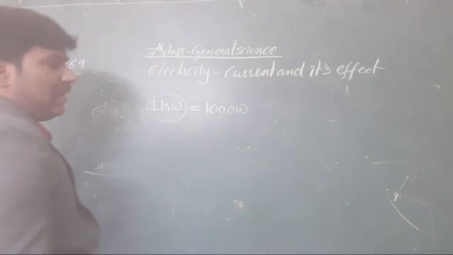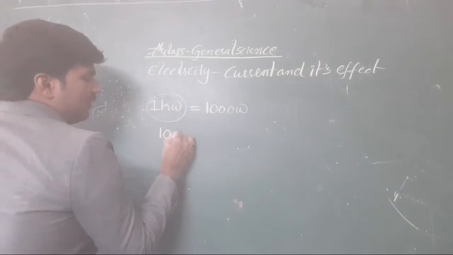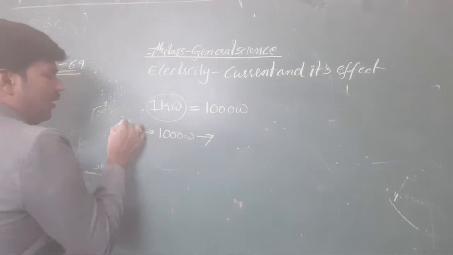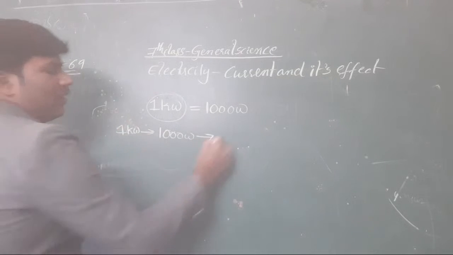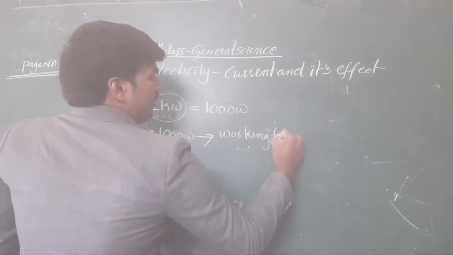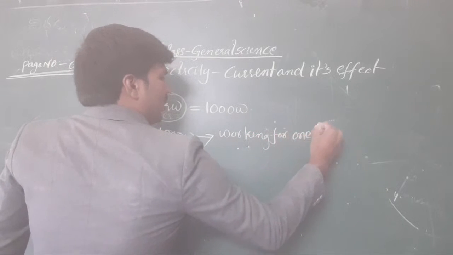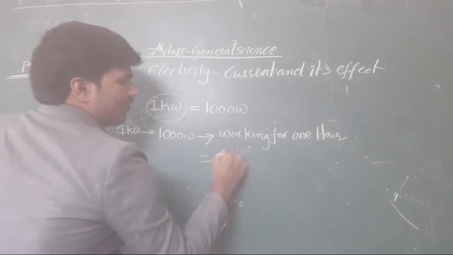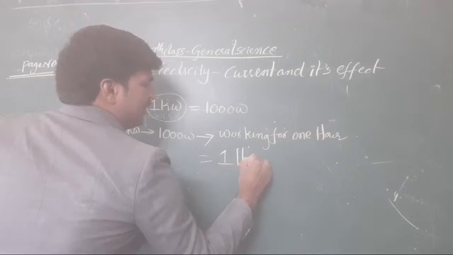Okay? In case 1,000 watts, or 1 kilowatt, is working for 1 hour, working for 1 hour, it is called 1 unit.